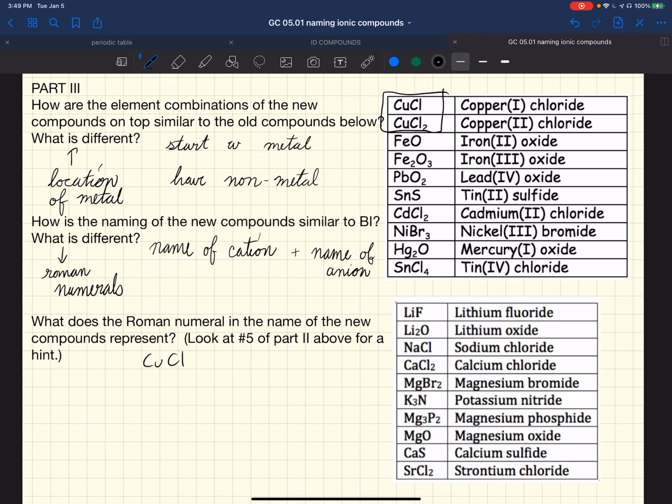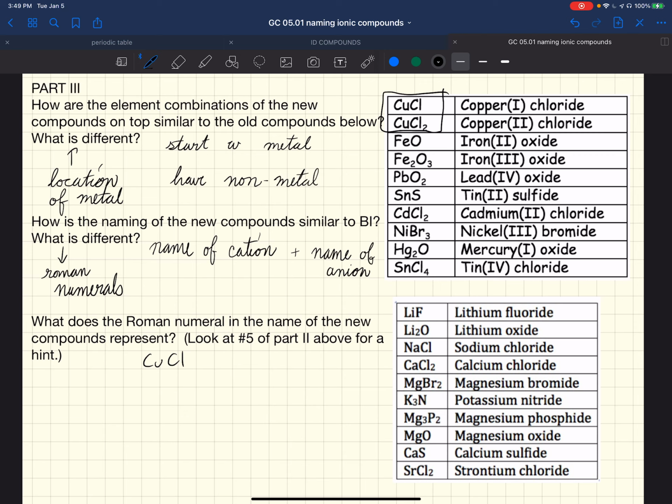When I write a charge balanced equation for these, something really pops out right away. In this one, I have one chloride ion plus a copper, so the charge of that copper has to be +1 to balance the charge. Here, I have two chloride ions, which means that this can have a charge of +2.